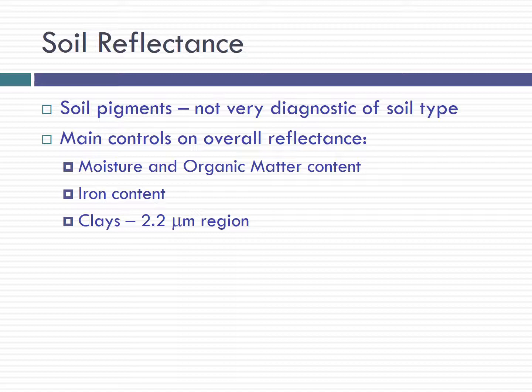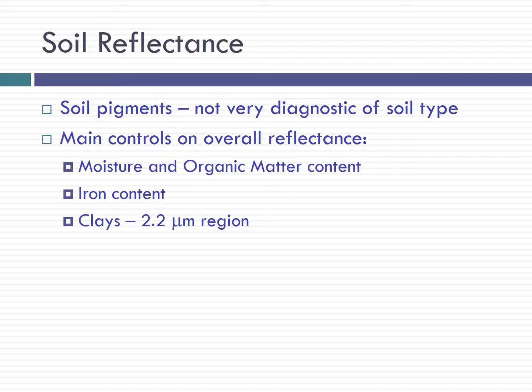Over time, it accumulates organic matter, and it may or may not turn orange or yellow or red relative to the iron content. It can also get purples from manganese, lots of different things. And so the colors that we can detect are not super good for identifying soil types. They can be helpful for some things.